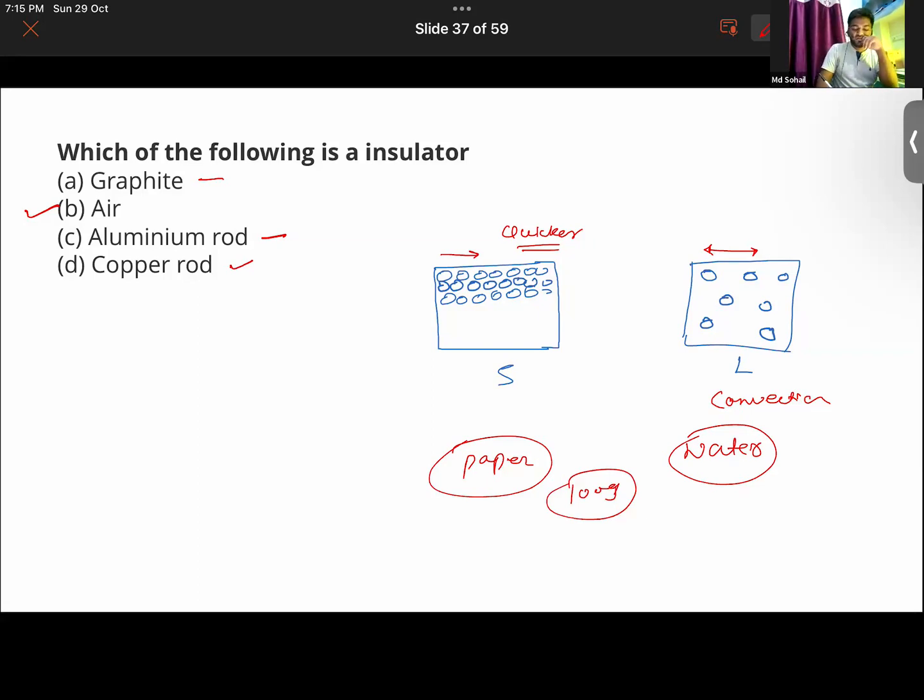What we will be observing here is that the manner in which you burn paper and the manner in which you heat the water might be different, right? The paper is in direct contact with the source of heat, while you cannot put the water in direct contact with the source of heat.